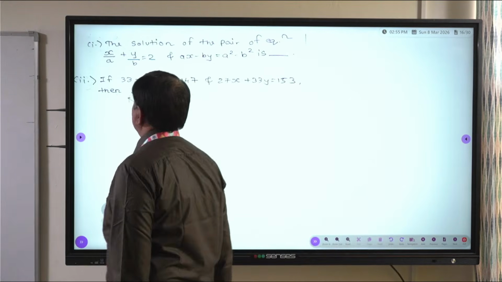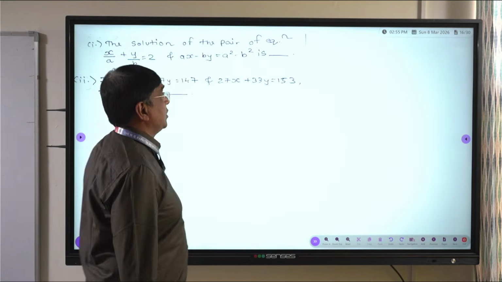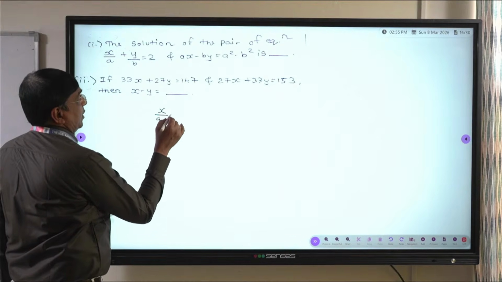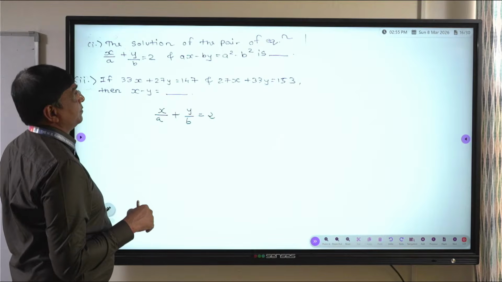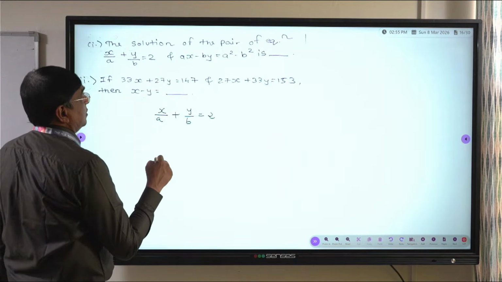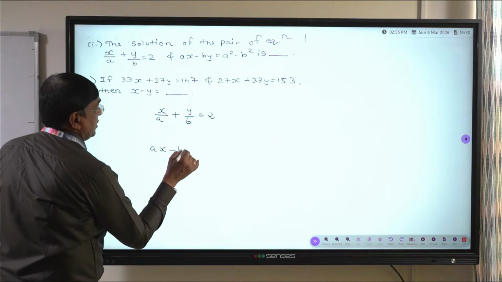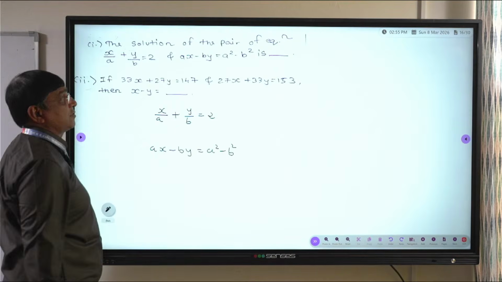Now next doubt: the solution of the pair of equations x upon a plus y upon b equals 2, and another equation, ax minus by equals a square minus b square.